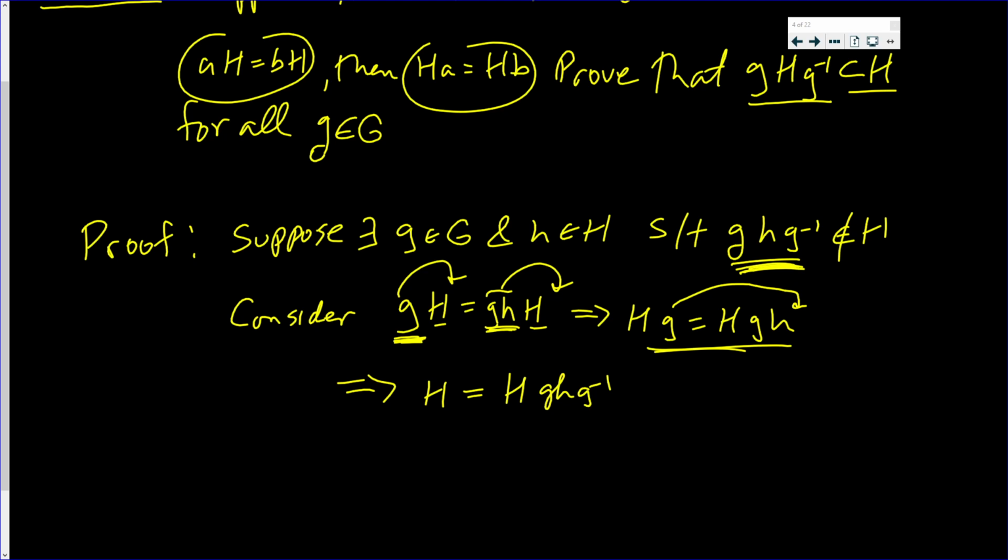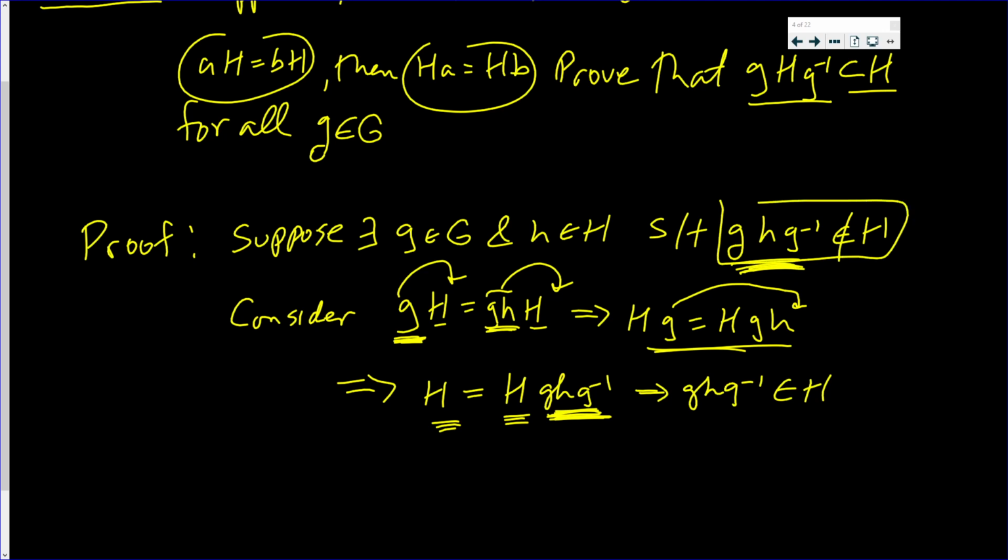And if you multiply a subgroup by any element in the bigger group and you get back something in the subgroup, that's because this is in H. Well, wait a minute.